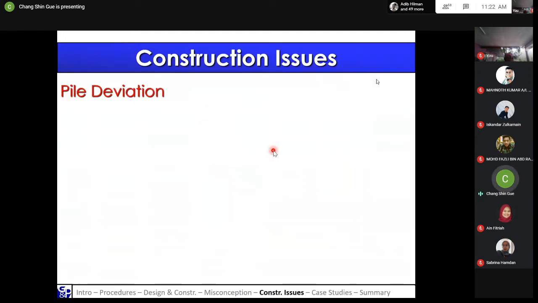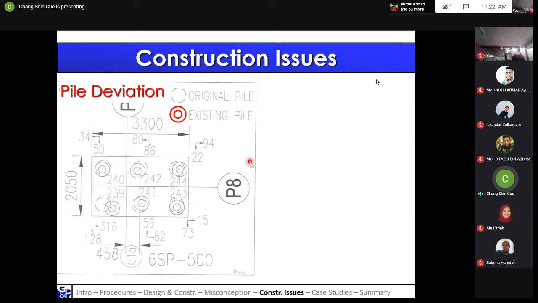Okay, another very realistic issue is pile deviation. Of course, ideally you want your pile to be in a specific location when you do your design, but in reality, the world is not perfect, so there will be certain deviation. This is to show you some of the actual deviation of piles from a site. So this square is actually a column, a pile cap for a 6-pile group. The red circle lines are the actual positions.